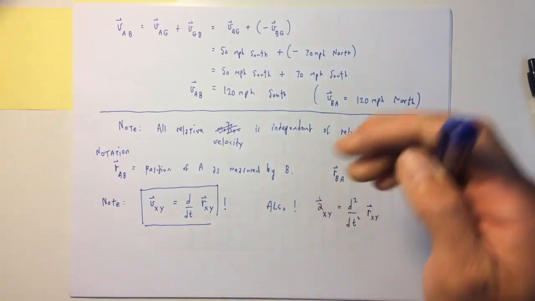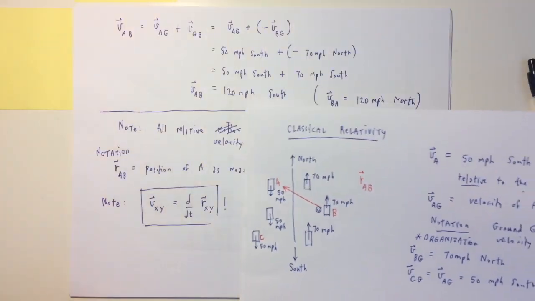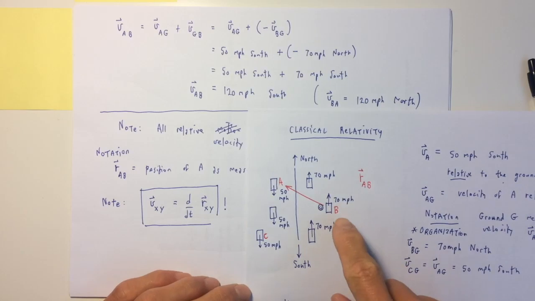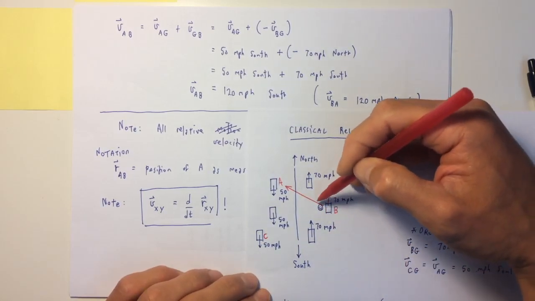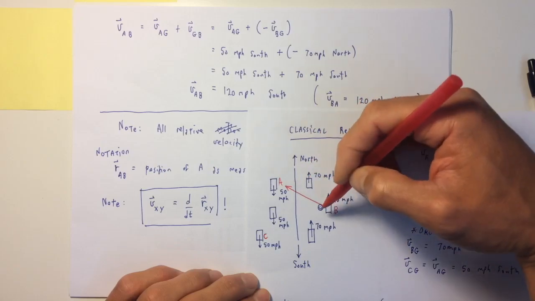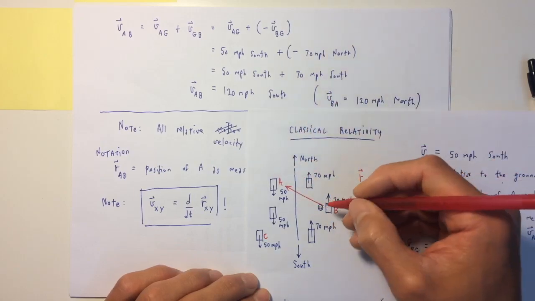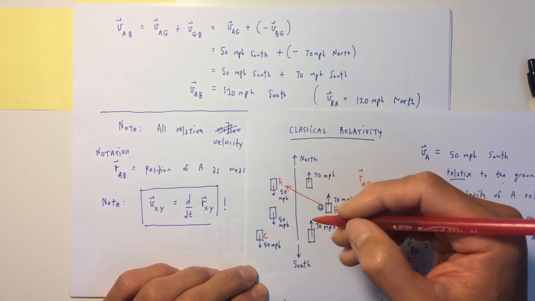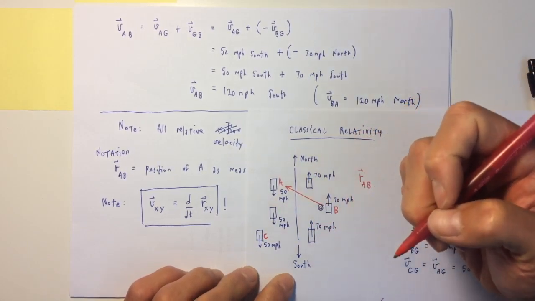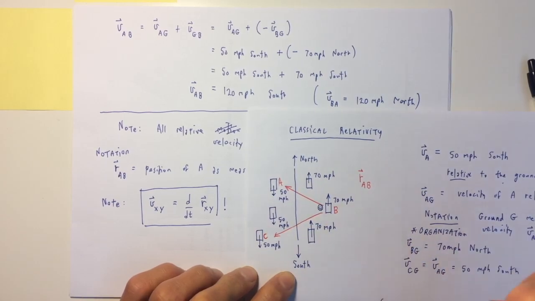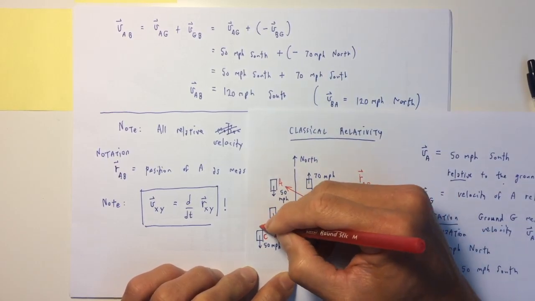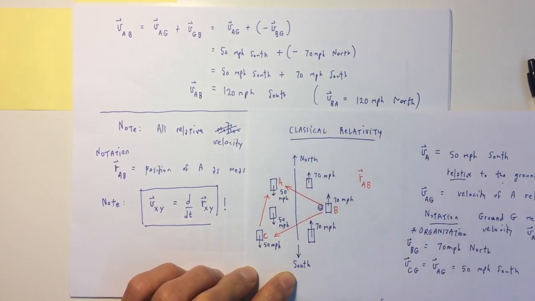Yeah, so for example, check this out. So we can write down some arrows. Can you see that this arrow right here, the arrow that points from B to A, is equal to the arrow that points from B to C plus the arrow that points from C to A, right?